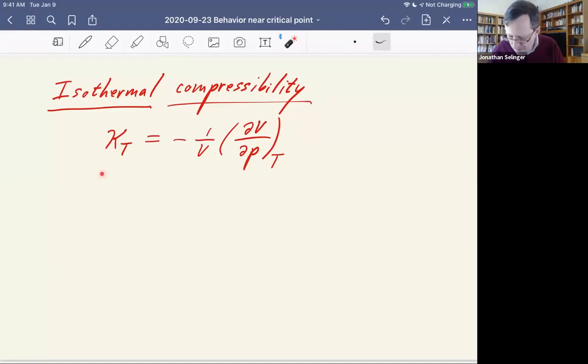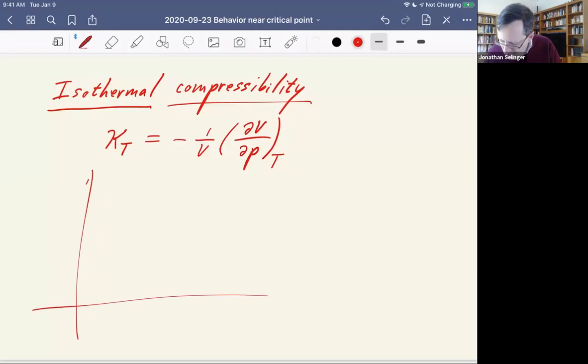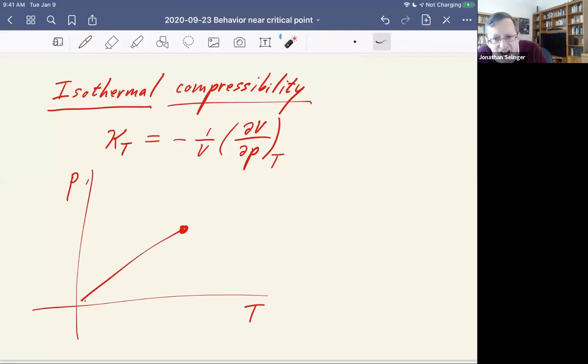So we have the phase diagram like this in terms of temperature and pressure, and here's a boundary, and here's the critical point. And let's say, so that there's no transition, suppose we're at a point here, on the supercritical side.